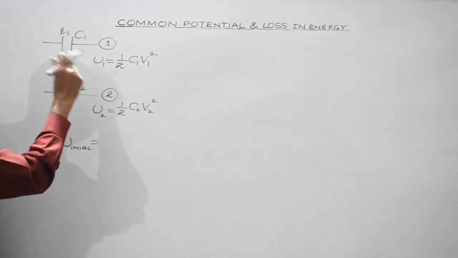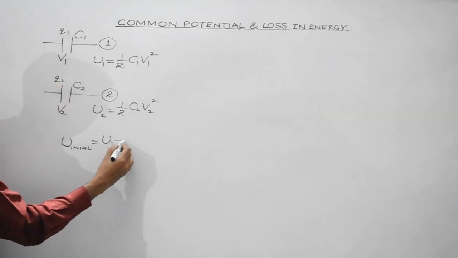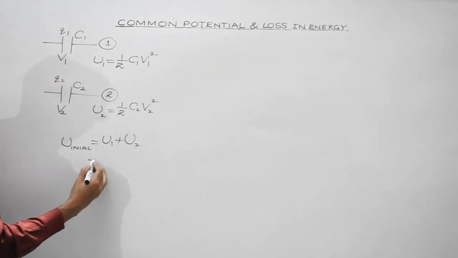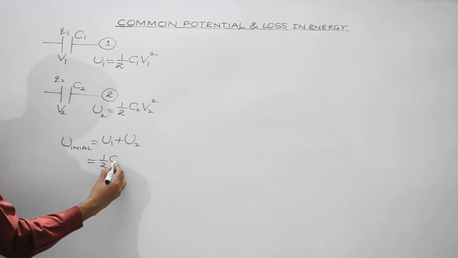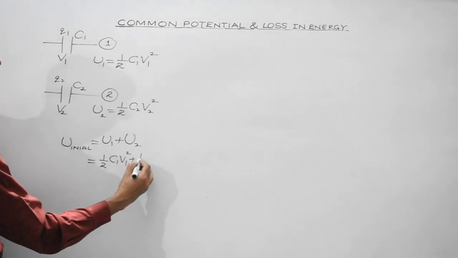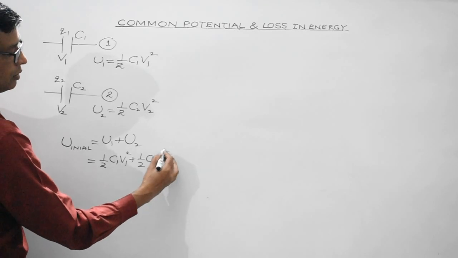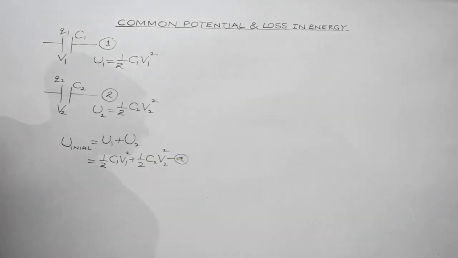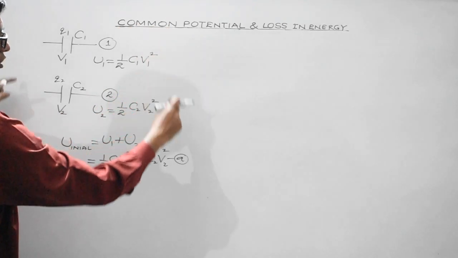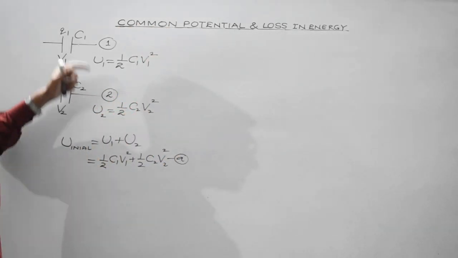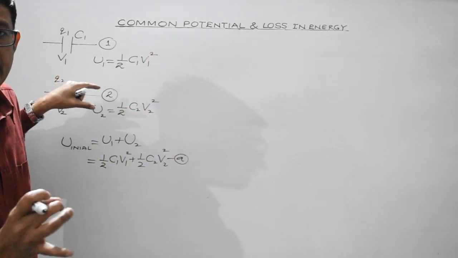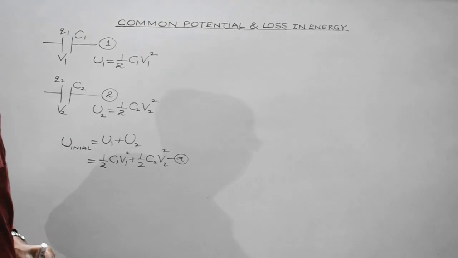That is the initial energy of the system. It will be obviously equal to U1 plus U2, and that will be given by half C1 V1 square plus half C2 V2 square. Put this as equation A. This is the initial energy of the system comprising of these two individual capacitors, right?